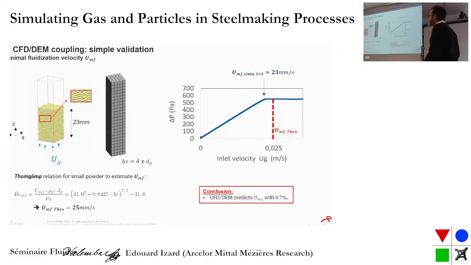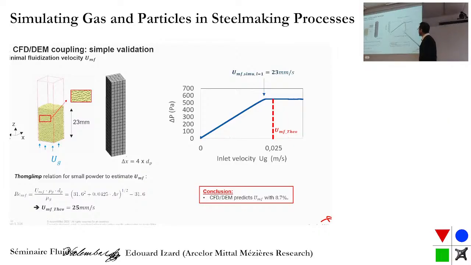Here you have no coarse-graining, and we are just trying to get the delta p as a function of the velocity. It is known that in fluidized beds you increase the delta p, but at some point you start to fluidize, so you have a delta p that becomes constant because you are fluidizing the system.